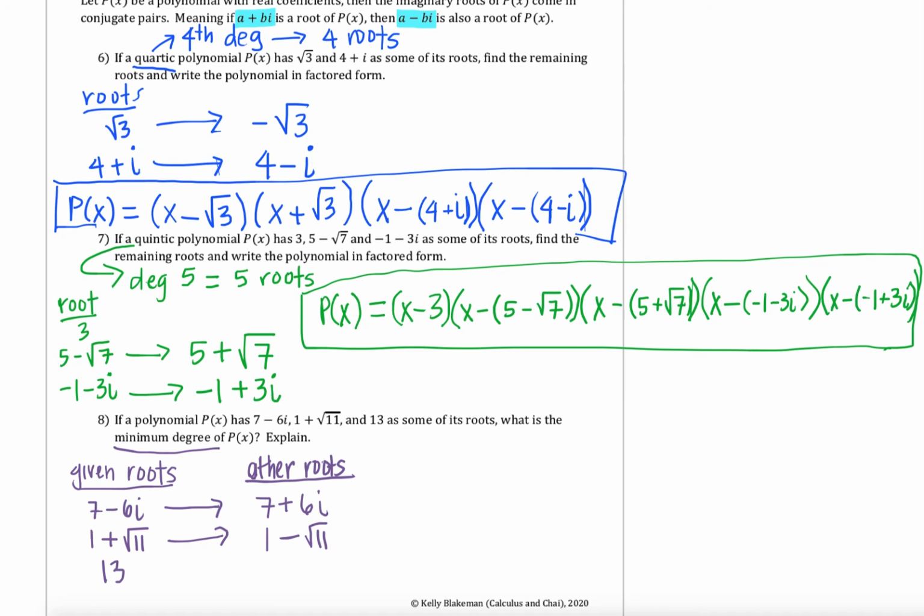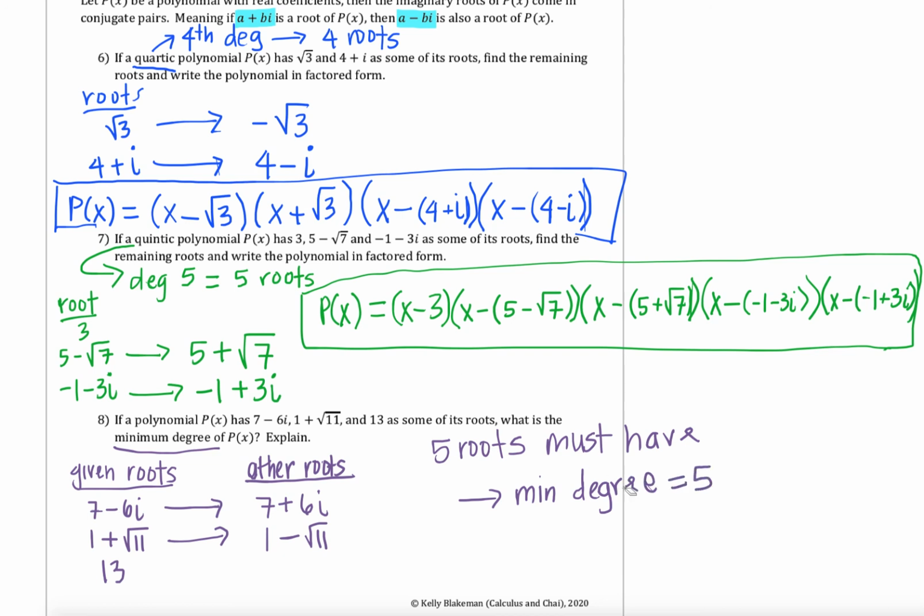What that means is we have 5 roots that I must have. I can't have any less than this. I have to have 5 roots at least, which tells me that my minimum degree would have to be equal to 5.